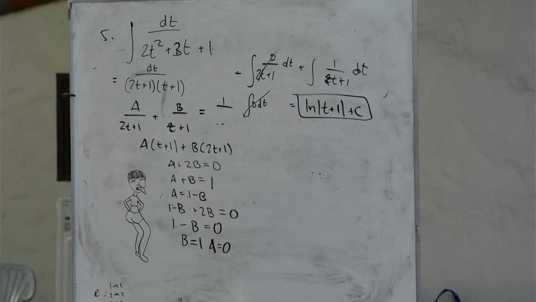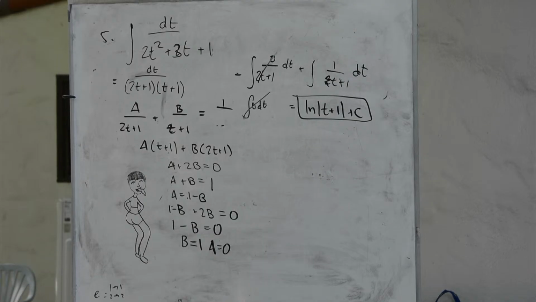Oh, god damn it, I did it wrong. What? Oh, because I did it wrong. Come on, man. B equals 1, A equals minus 2.